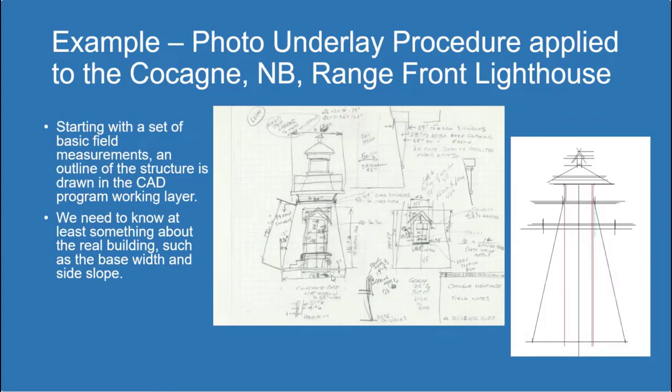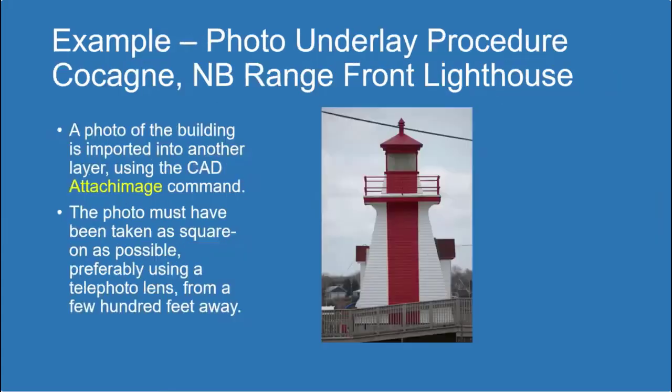And we need to know at least something about the real building, such as the base width and the slope of the sides. If we know that, we can then take a photo and import it into another layer of the CAD program, in this case, using the attach image command.